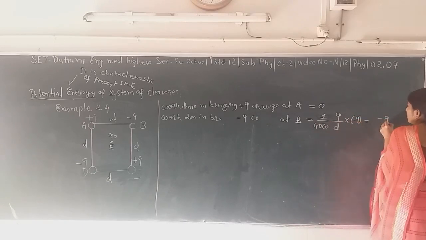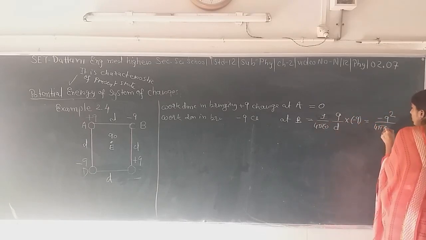So I will get minus q square upon 4 pi epsilon naught d.